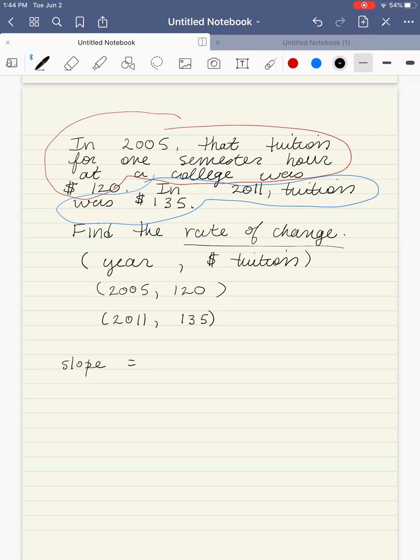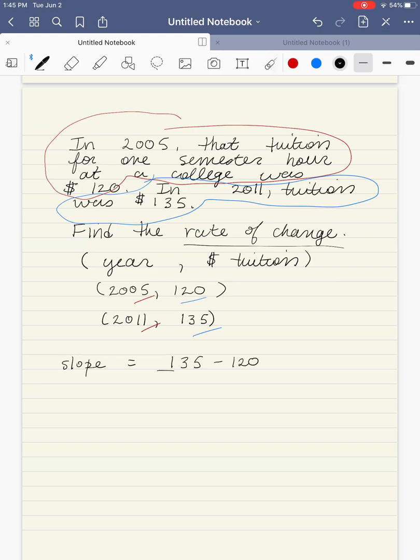So if I'm finding the rate of change, I'm finding the slope. And we're going to subtract our two y's, and it's important to remember you always have to do the y's in the numerator and the x's in the denominator. It doesn't matter which ordered pair you start with. Because 135 is a bigger number than 120 and 2011 is a bigger number than 2005, I'm going to go ahead and start with the larger numbers.